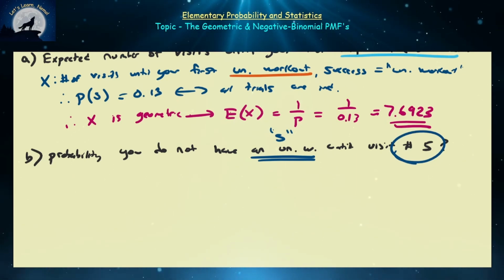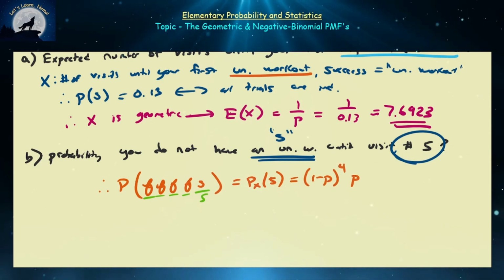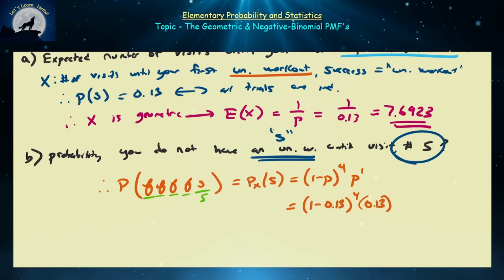So that means what we want is failure, failure, failure, failure, and success, because that's trials 1, 2, 3, 4, and 5. From the perspective of probability mass functions, that's P(X = 5), which is (1 - p)^4 times p, which for our example is (1 - 0.13)^4 times 0.13. Once you work out the numbers, that's approximately 0.745.